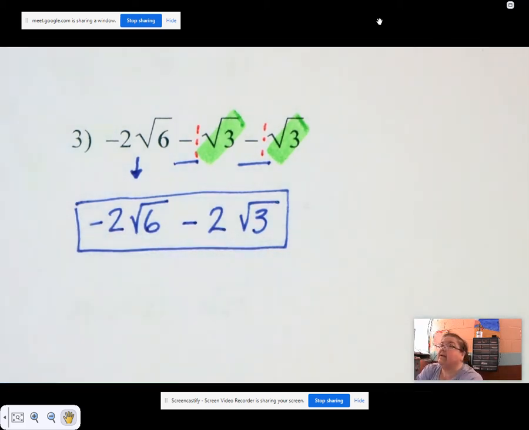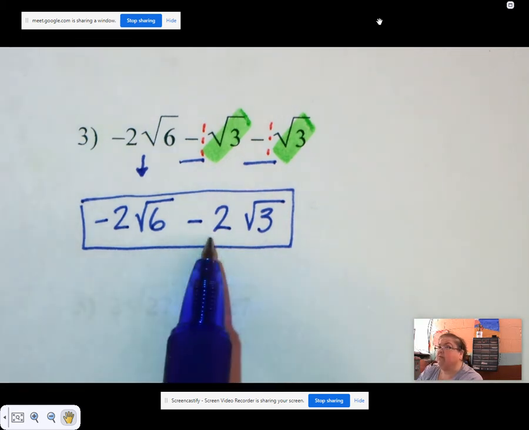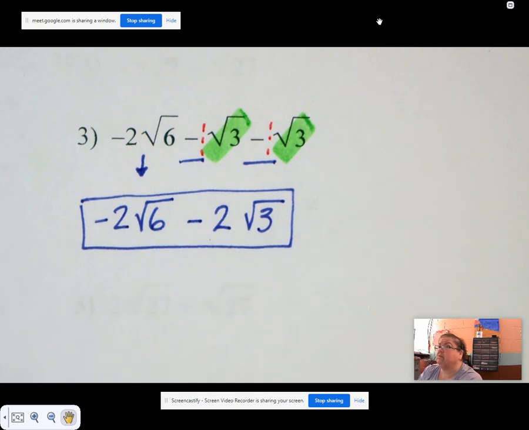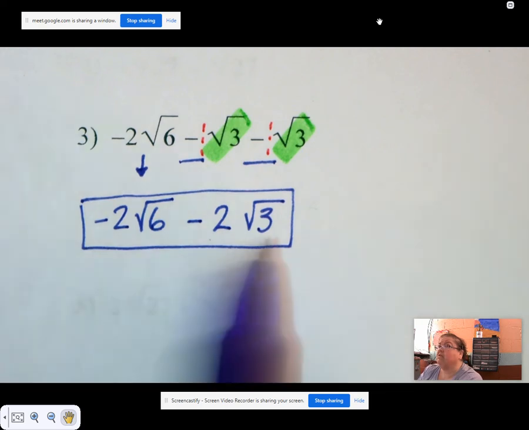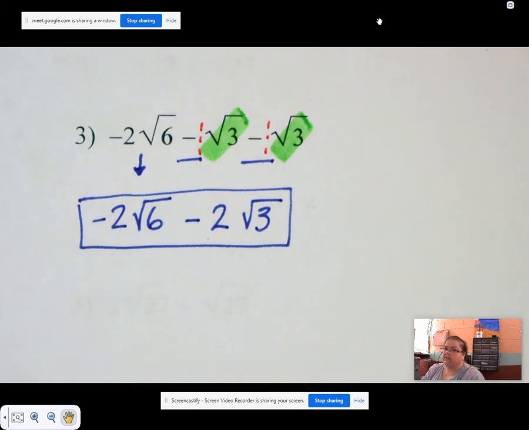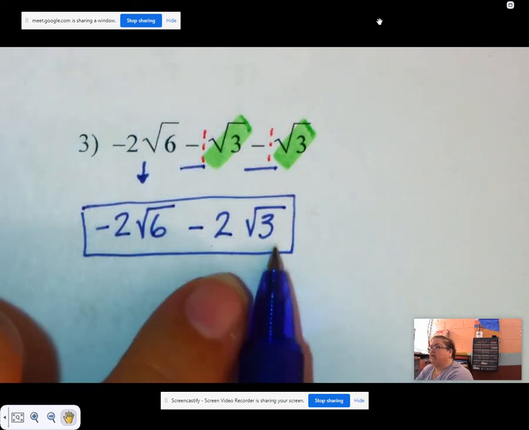Yes? Why would I get a negative 2 here? Because negative 1 minus 1 is negative 2. And what's inside the radical remains the same. Excellent. Thank you for asking. I like it when you clarify things. Okay. Very good. Any other questions about number 3? I'm only combining coefficients. What's inside that radical has to stay the same.